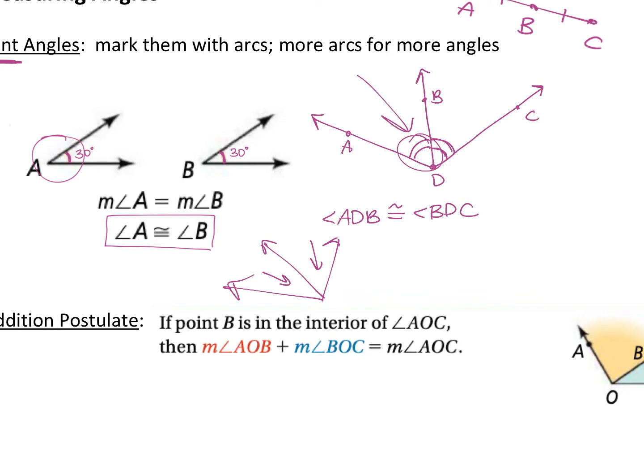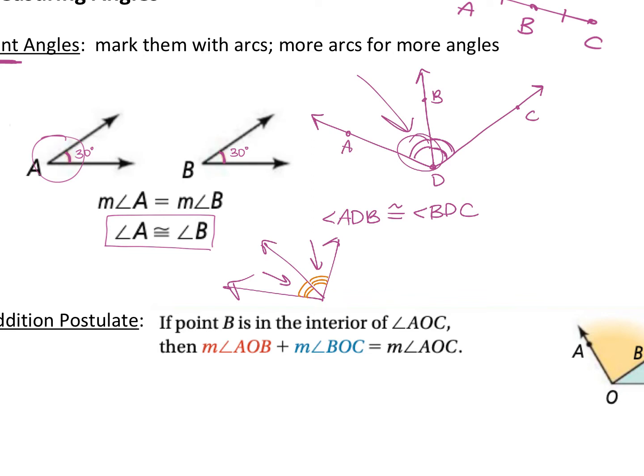I don't think I'm asking this question very well. I'm saying if there's a third set of angles in one problem and they're all congruent, the first 2 are congruent, the next 2 are congruent, and the last 2 are congruent, you just mark them with more arcs, right? So if I wanted to show that these are congruent, I would do 3 arcs and 3 arcs, right? So look for the arcs. The number of arcs is going to show you which angles are congruent.